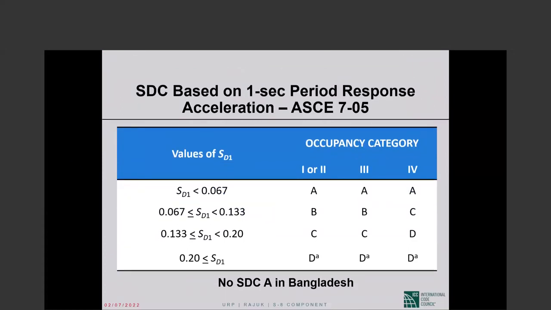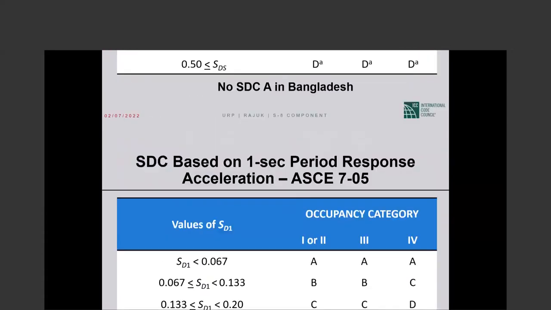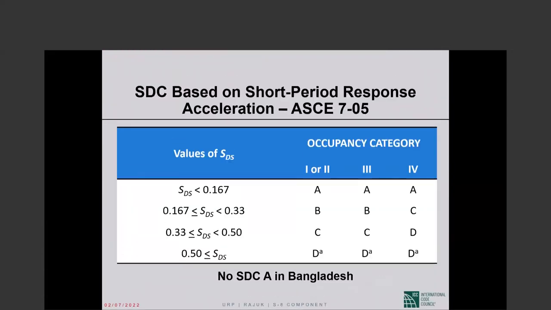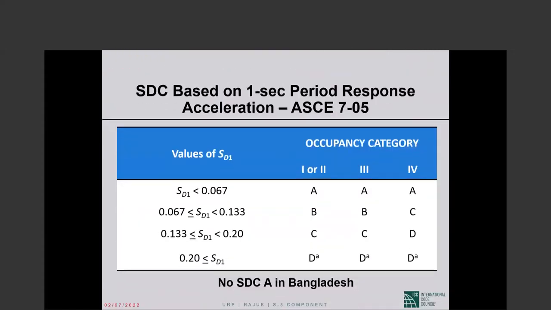So you determine seismic design category based on short period ground motion. You redetermine the seismic design category of the same structure now based on long period ground motion S sub D1 from this table and you take the worst of the two.